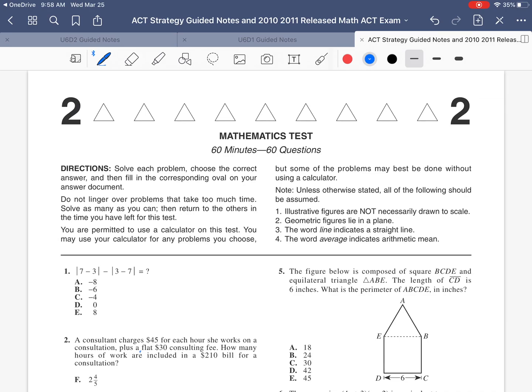Now, what I'm going to do with this, it is the math section of the ACT. I'm going to go through, using our initial strategies, the first 12 questions and how I would go about doing it. Okay, so just as a reminder, number 1, what is your lucky guessing letter?